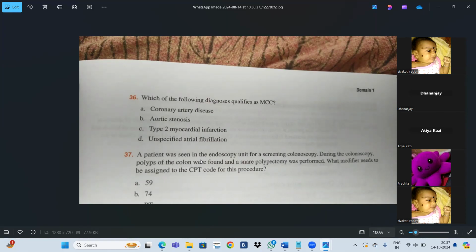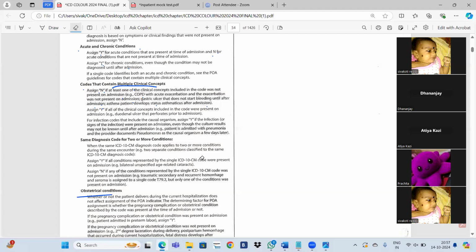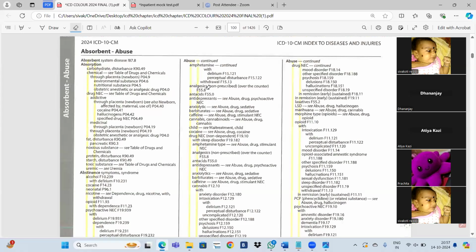Remember, MCC means major comorbid conditions. CC means comorbid conditions. MCC conditions are mostly life-threatening conditions, very severe conditions. CC conditions are acute conditions.